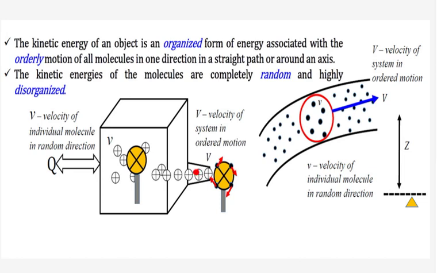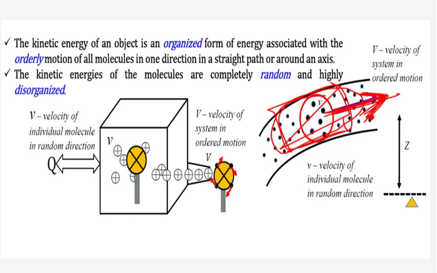Now, what is actually happening here, if I zoom into this particular thing? An individual molecule may have some velocity v, the disorder energy, but as a system they are all moving with velocity capital V. That velocity V, the velocity of the system, is useful for us.